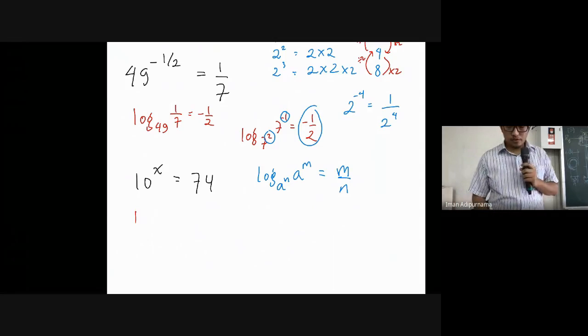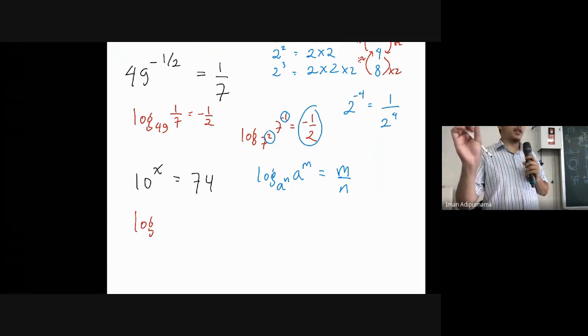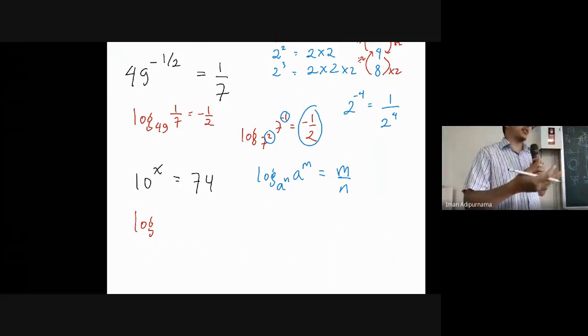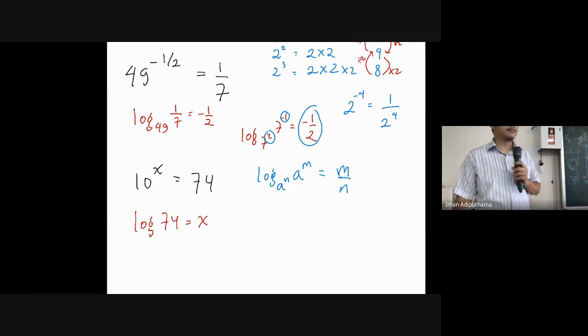Log, because it's 10, you can skip the 10, because if you see any log without a certain base, it means it's log base 10. So log 74 is x. There's a hidden 10 here, but it's already defined that any log is based on 10.